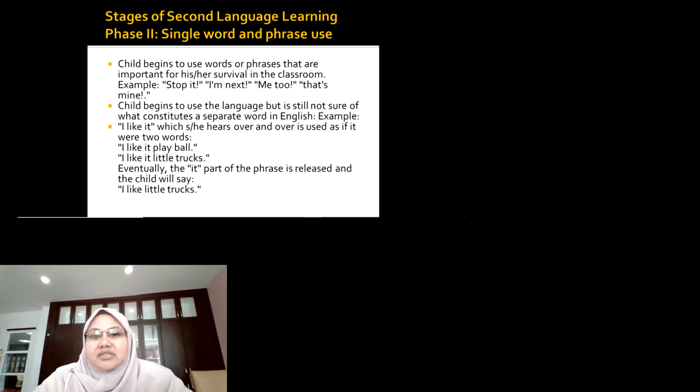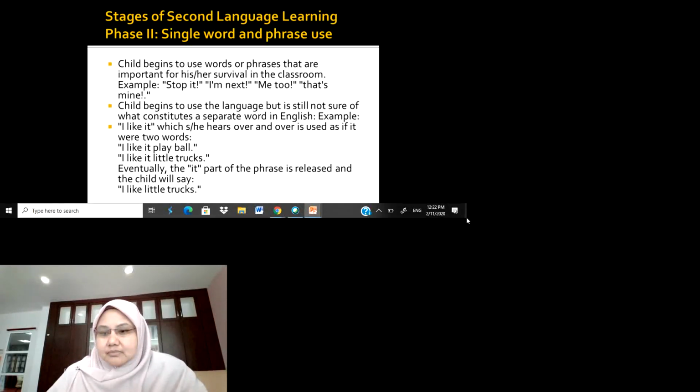And the other phrase is like "I'm next." This shows turn taking. In an early childhood classroom, obviously you need to wait for your turn, and it is important for the child to express that their turn will come next.